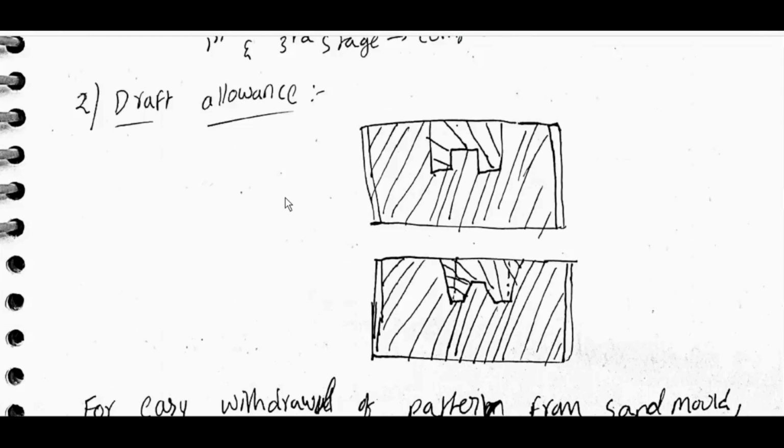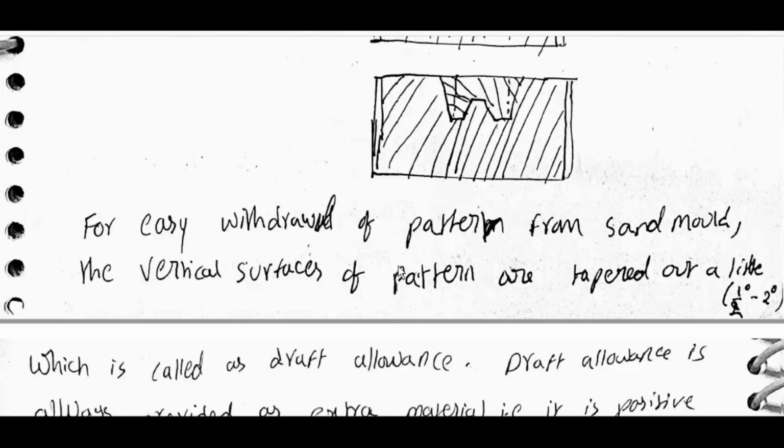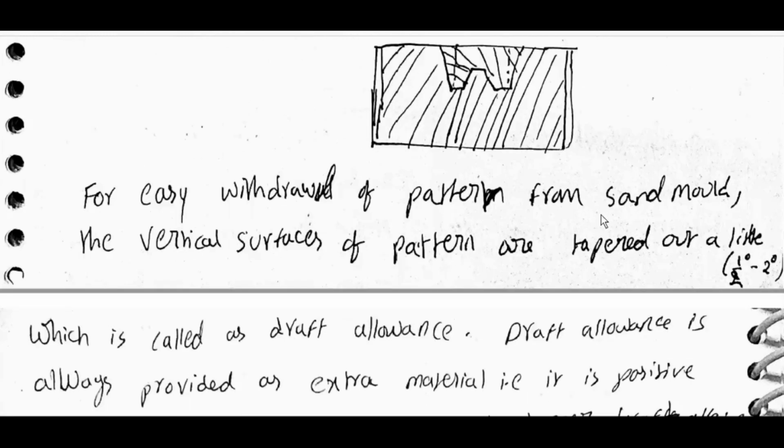Draft allowance for easy withdrawal. If it is a straight line like this, then some draft is provided. For easy withdrawal of the pattern from the sand mold, the vertical surfaces of the pattern are tapered out a little, half to 2 degrees, which is called a draft allowance.